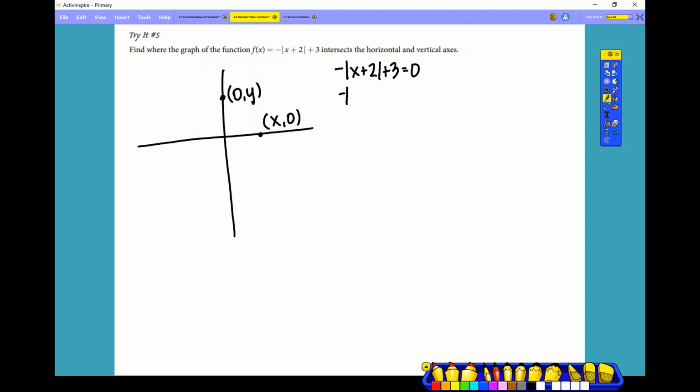And that gives us negative absolute value of x plus 2 equals negative 3. Dividing by negative 1, we get the absolute value of x plus 2 equals 3. So we get x plus 2 equals 3, or x plus 2 equals negative 3, which gives us x equals 3 minus 2 is 1, or x equals minus 5.